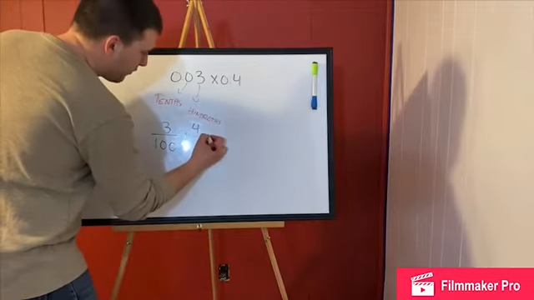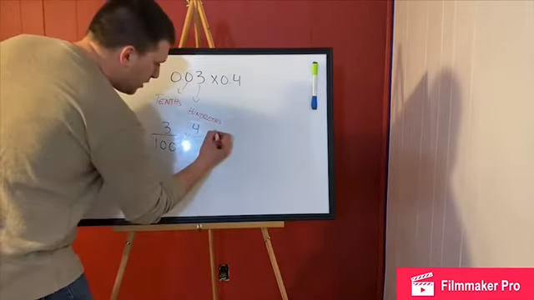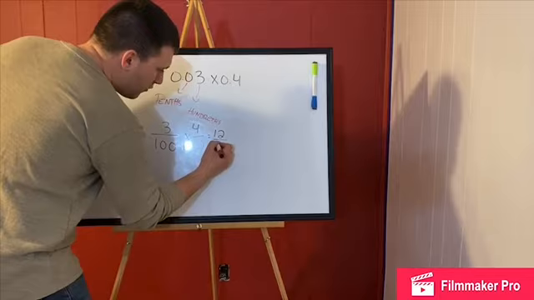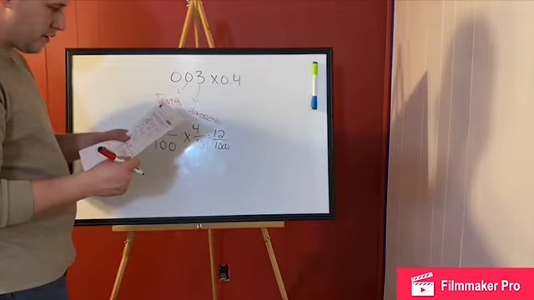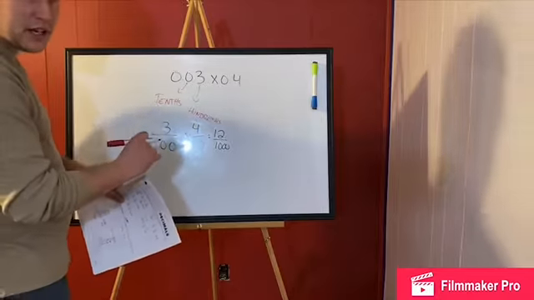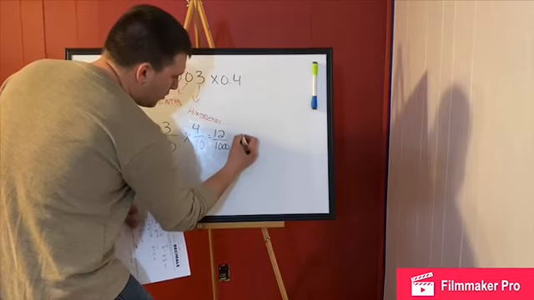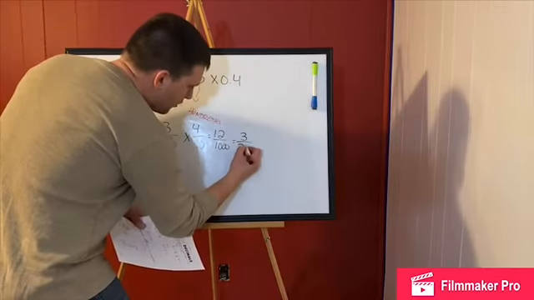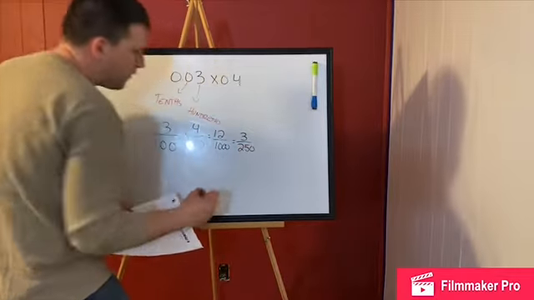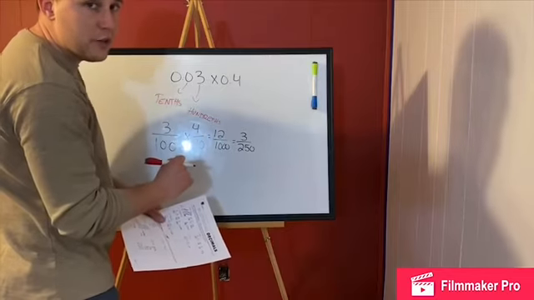We multiply these fractions out, and we get 12 over 1,000. Now, this can be broken down into 3 over 250. That's the smallest fraction that we can go.